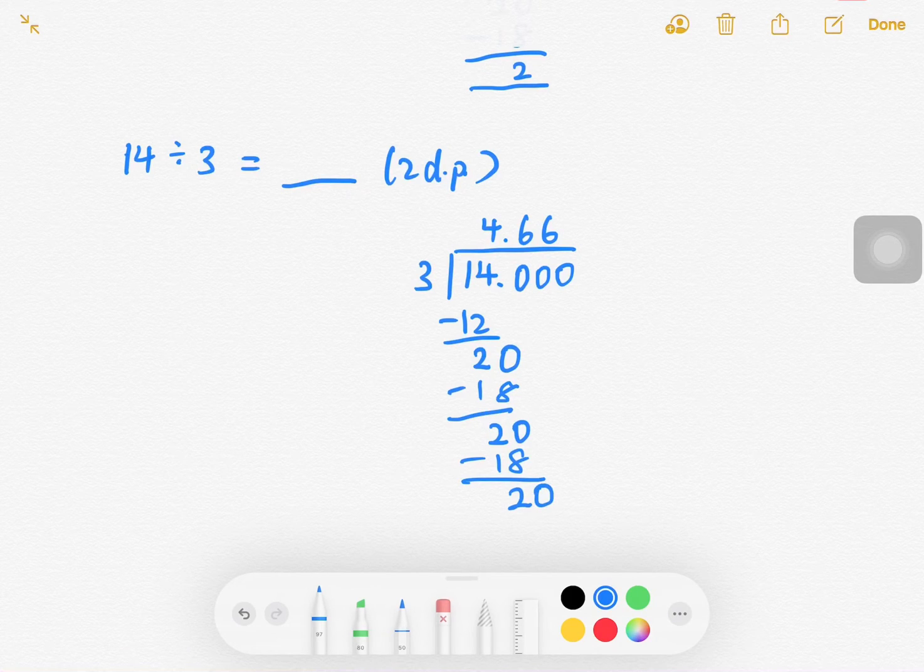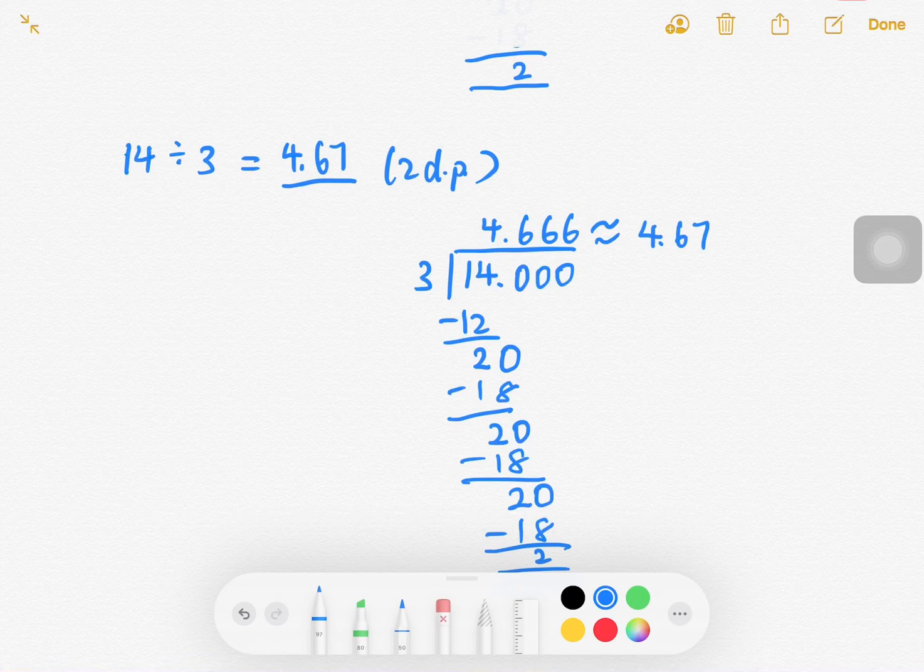So I bring down the 0, I have 6 again, I minus 18. Now I stop here with the remainder 2. So 4.666, I round off to 2 decimal places is 4.67.